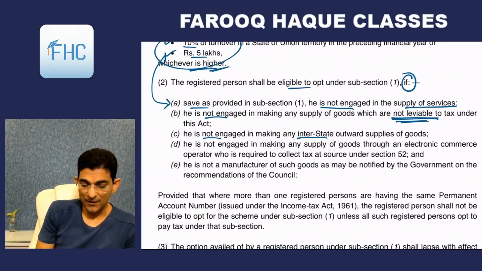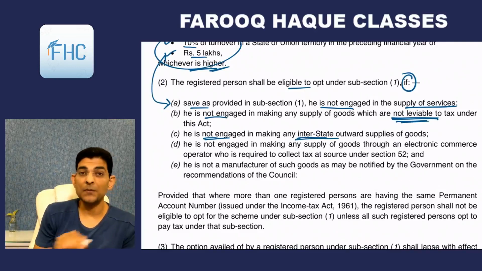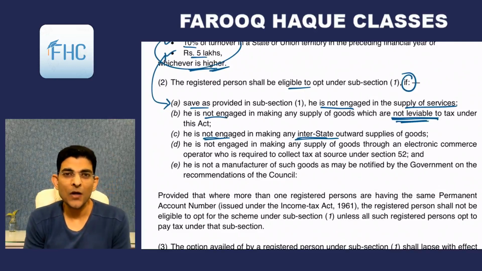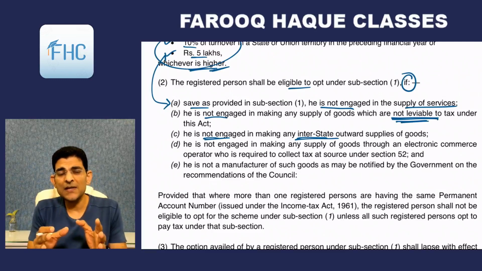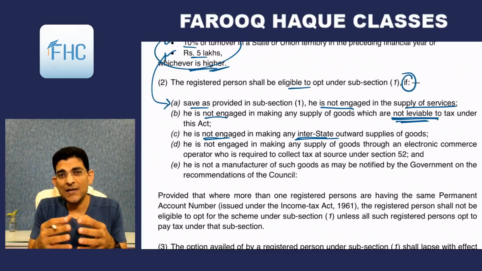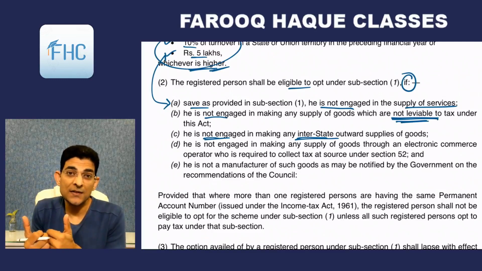Then next point is not engaged in making any interstate outward supply of goods. Another point, you cannot make interstate supply. Your complete turnover should be only intrastate. It's simple now. This facility is only in CGST and SGST. It is not in IGST.